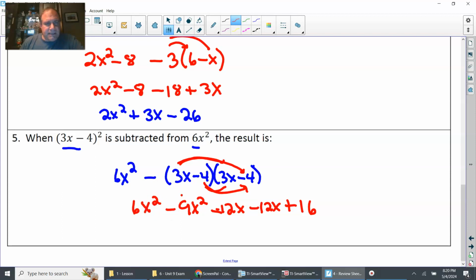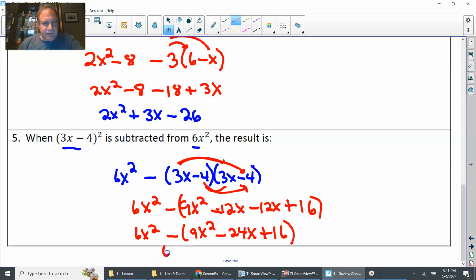And then this is minus, and it's the whole thing that is subtracted. You have to put it in parentheses because that minus sign needs to be distributed to everything inside that parentheses. So I'm just going to put this 6x squared minus, and I'm going to put 9x squared because I didn't combine the like terms, negative 24x plus 16.